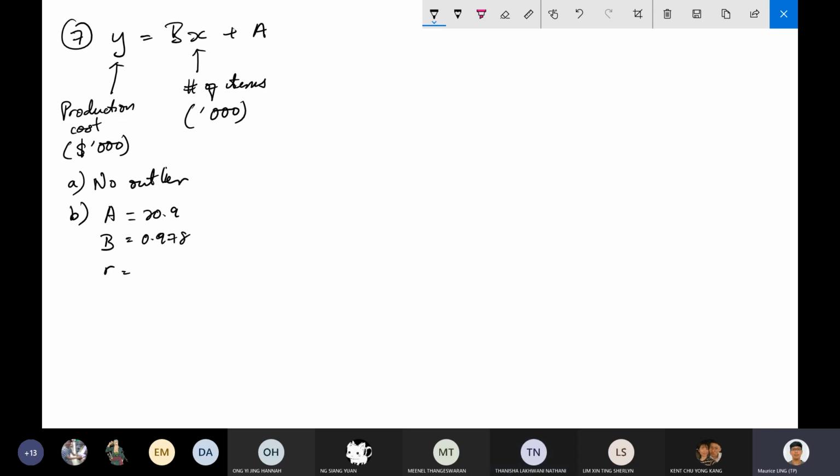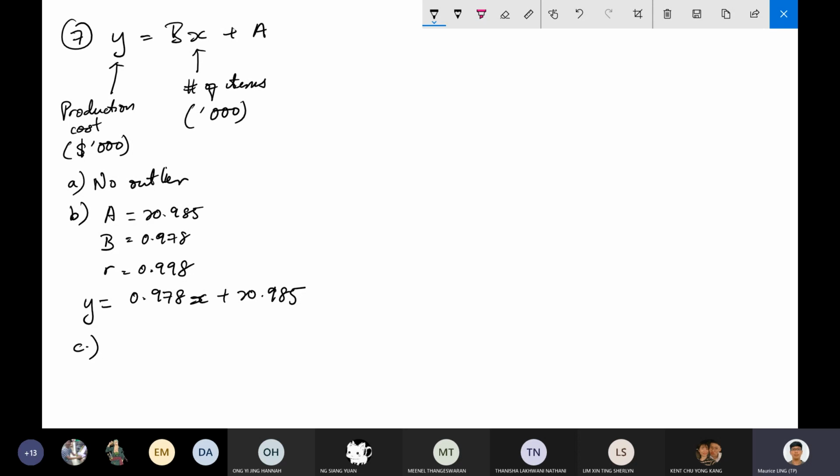How about A? 20.985. R I got 0.998. Correct. So you substitute into the equation: y equals 0.978x plus 20.985.